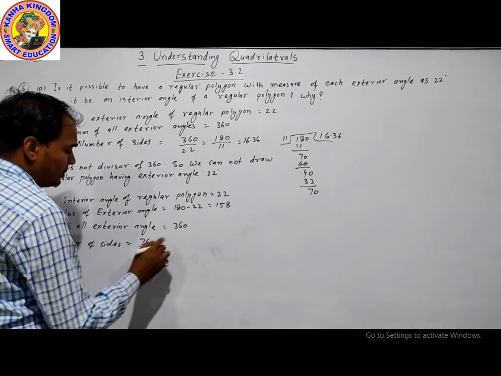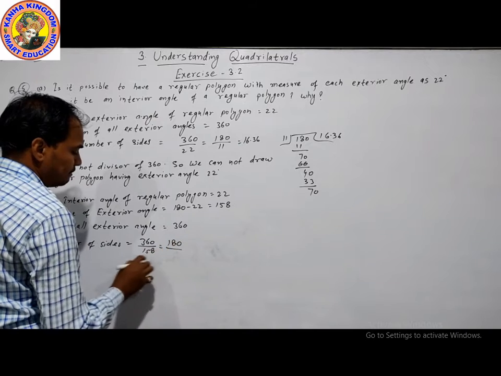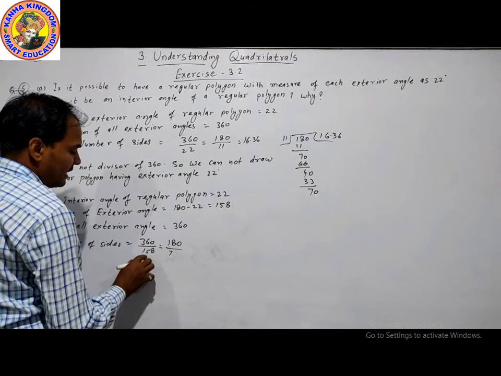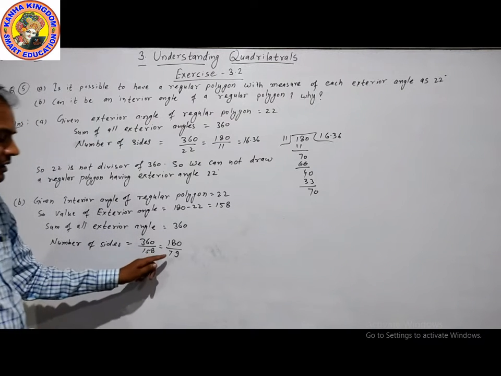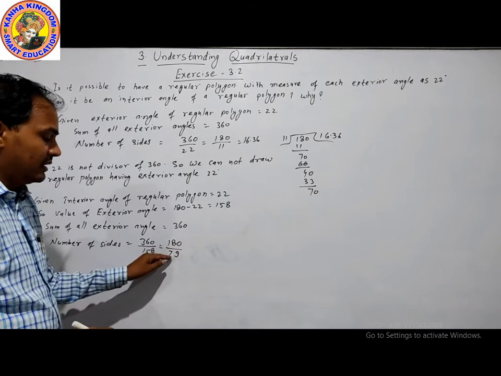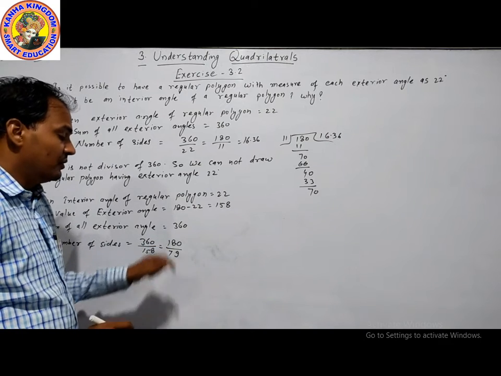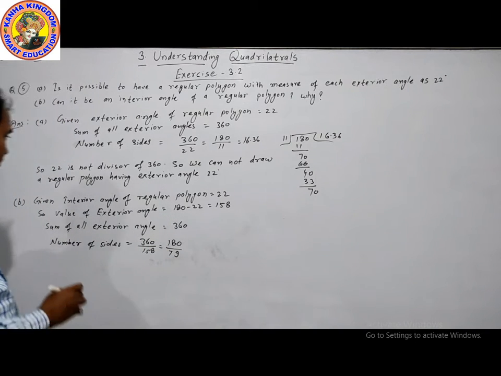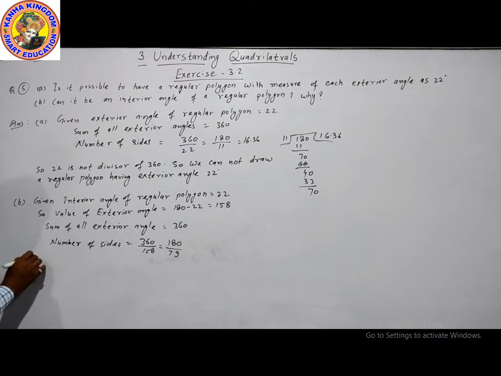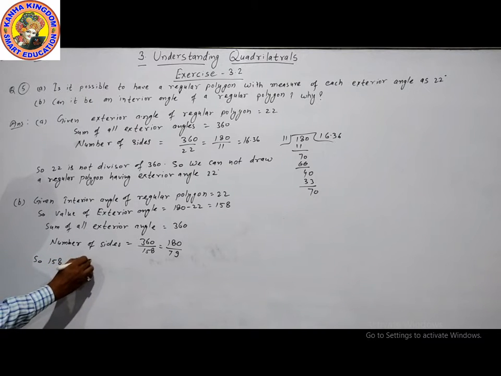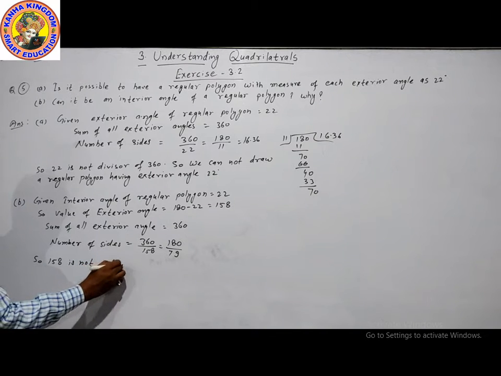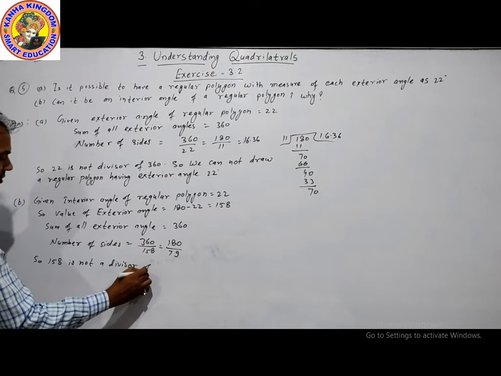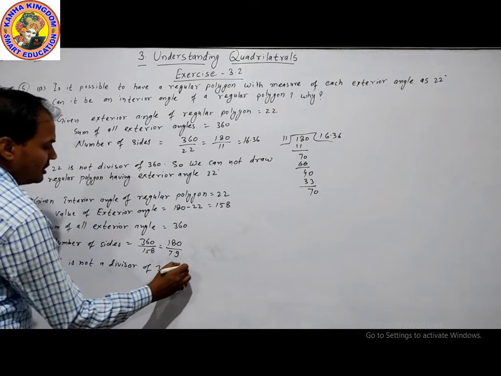We will cut by 2. 180, 7 times, 9 times. Double of 90 is 180, not 79. So this is not a divisor of 180. So 158 is not a divisor of 360.